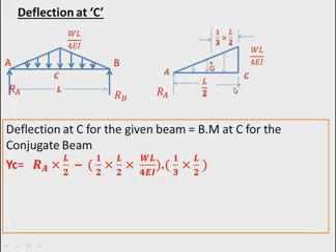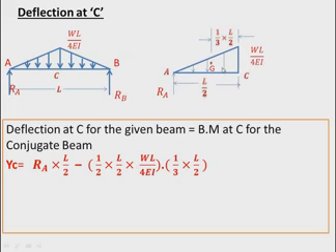RA into L by 2, this is clockwise. Then this triangular load causes anticlockwise moment. What is the load here in between A and C? This is a triangular load, 1 by 2, that is half, base is L by 2, height is WL by 4EI.